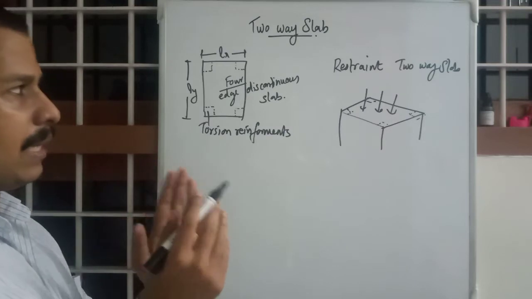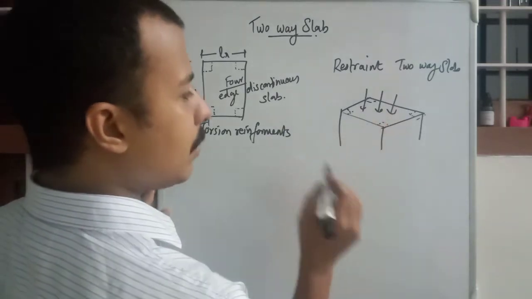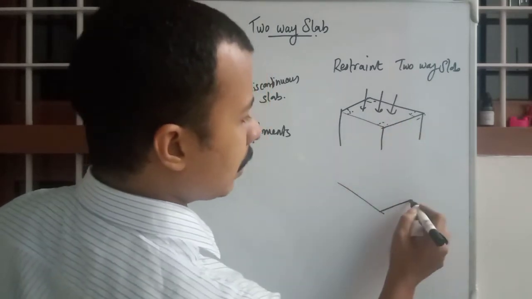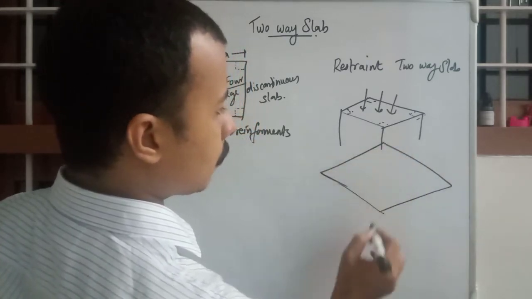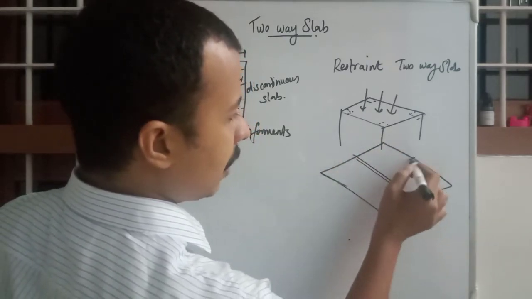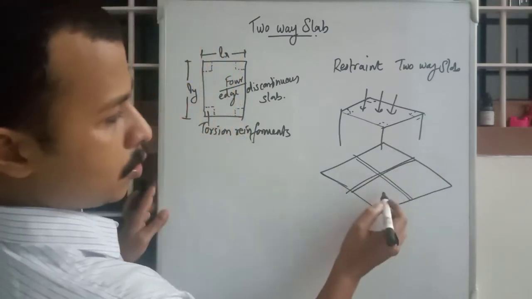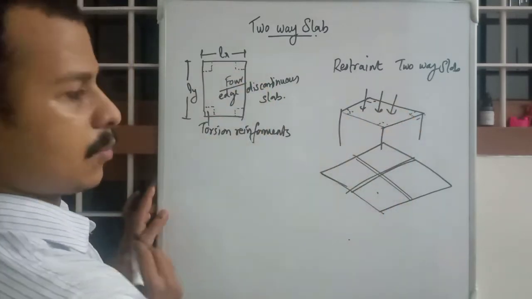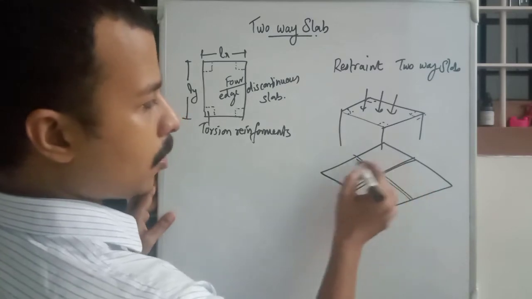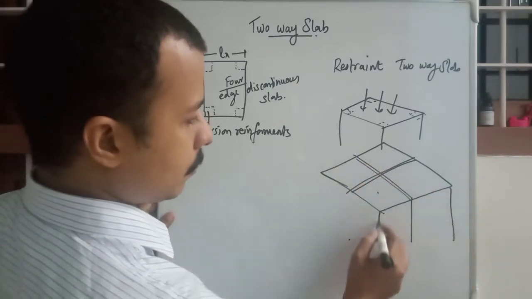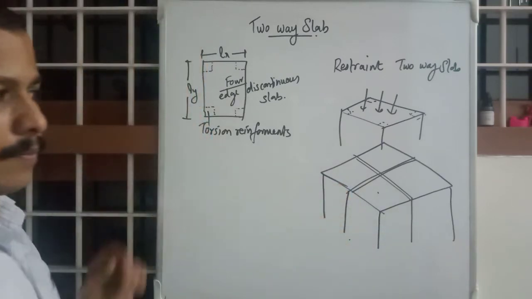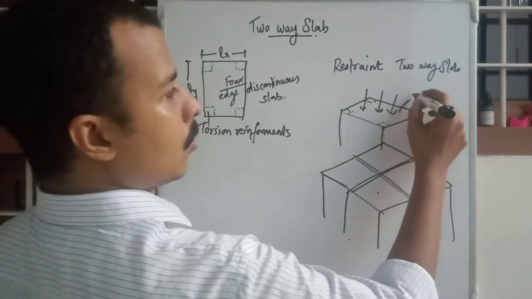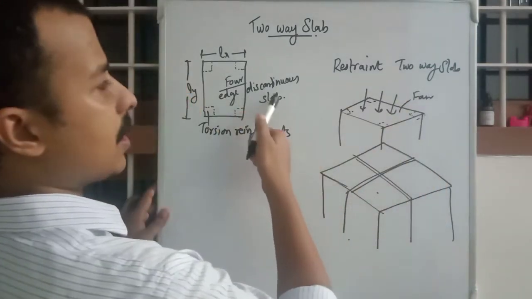If we take another example, suppose a similar slab like this, but in addition it is a bigger one, with beams running through in between. This single area will be approximately equal to this area. So we have four slabs with supports. These are the supports. In the earlier case it was a four-edge discontinuous slab.